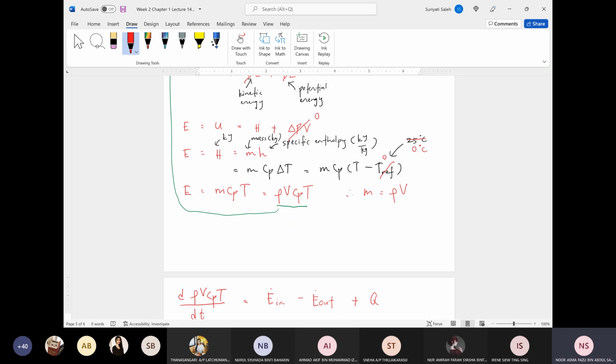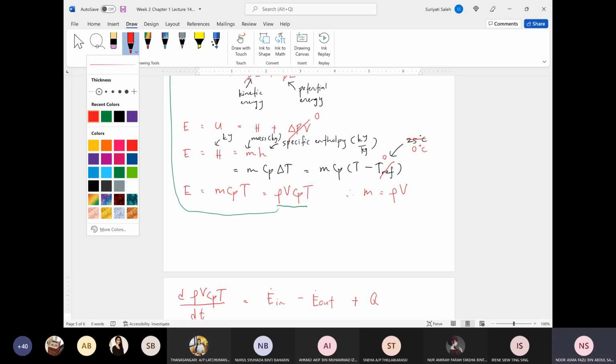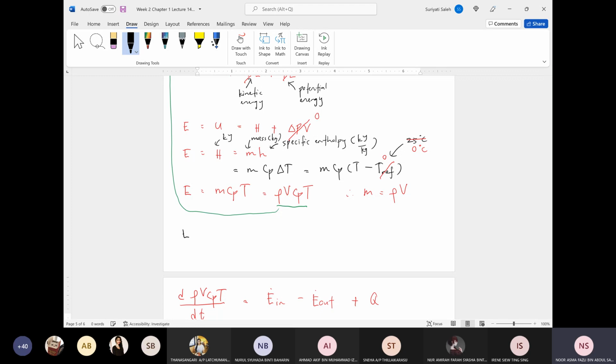Imagine that if we use, for example, E equal to M Cp (T minus T ref) and substitute it inside the dE over dt, this equation becomes M Cp (T minus T ref) over dt. When we have it like this, it's getting complicated to do the derivation.